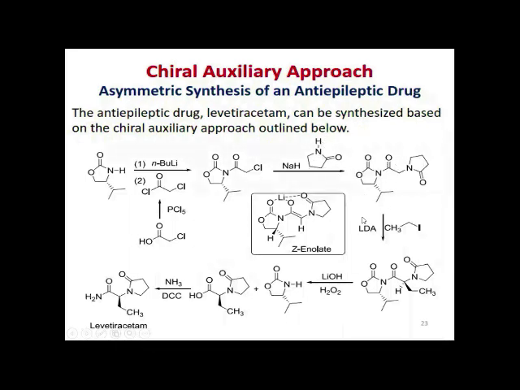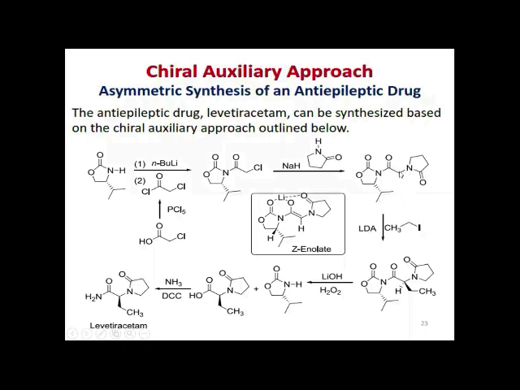So here again chloride from here, H plus from pyrrolidin-2-one. The proton is removed from here, and then lithium diisopropylamide is used with methyl iodide. In the previous reaction we had used benzyl iodide, here we are using methyl iodide. Again at this position chirality is produced because this is an acidic proton, so it can easily be removed and the alkyl group can easily attach.